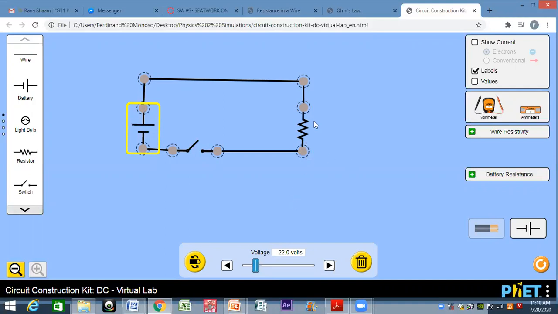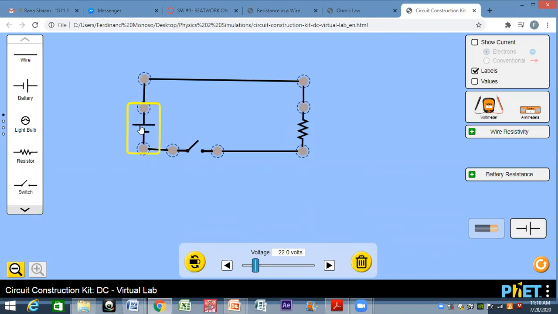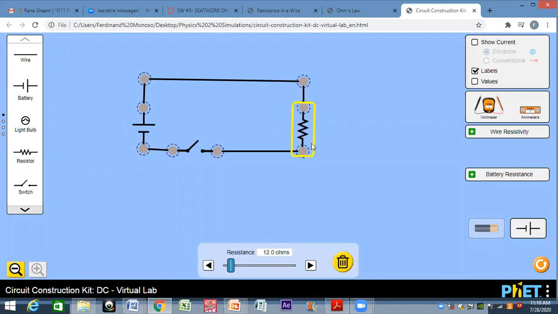So we have a 22 volt source and we have a resistor, so we start with a small value. Okay, we have 12 ohms. So our battery is 22 volts. Our resistance is 12 ohms.